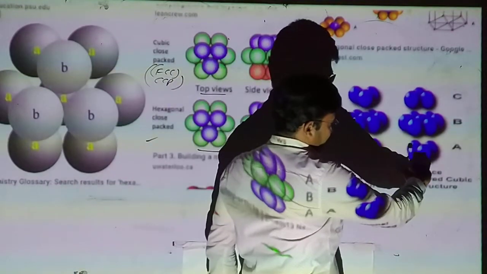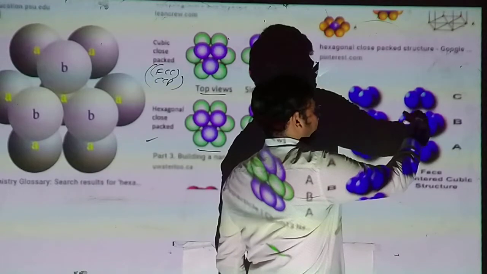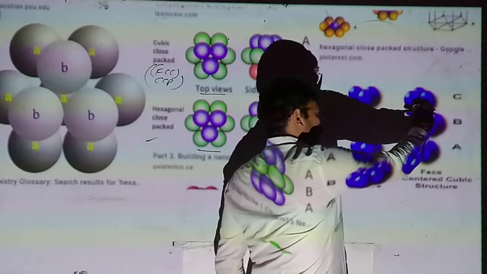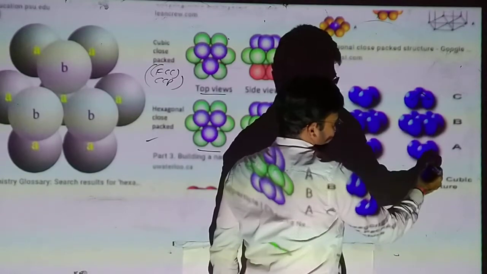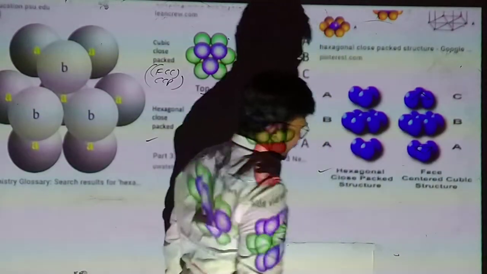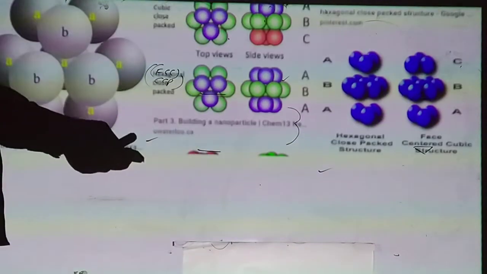Here you can see 1 sphere is high, 2 behind, then 7, 2 right, 2 in front, 1 behind. So C is slightly different from layer A. So when ABC layers repeat, it gives face centered cubic structure.